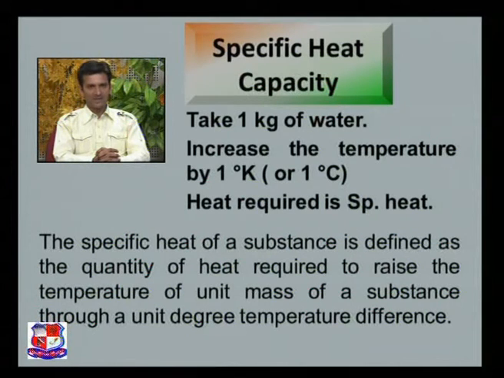In other words, the heat required to increase the temperature by 1 degree of unit mass, or 1 kilogram mass, is defined as the specific heat capacity or specific heat of the body or material or any fluid.